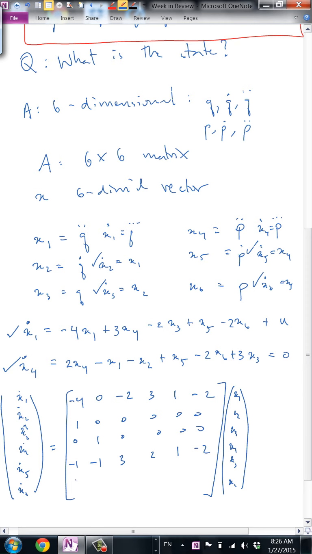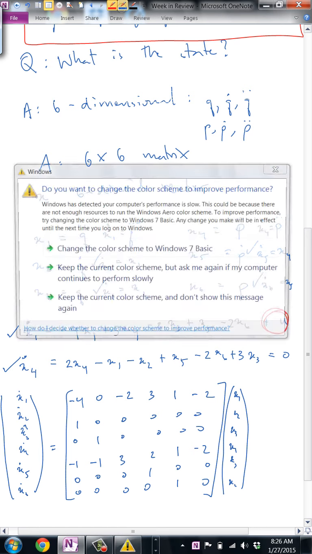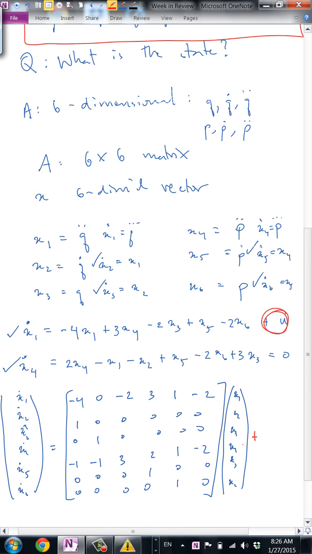x5 dot is equal to x4. And x6 dot is equal to x5. So this is our matrix. But what about the u's? So the u, which is sitting right here, only comes into the equation for x1 dot.